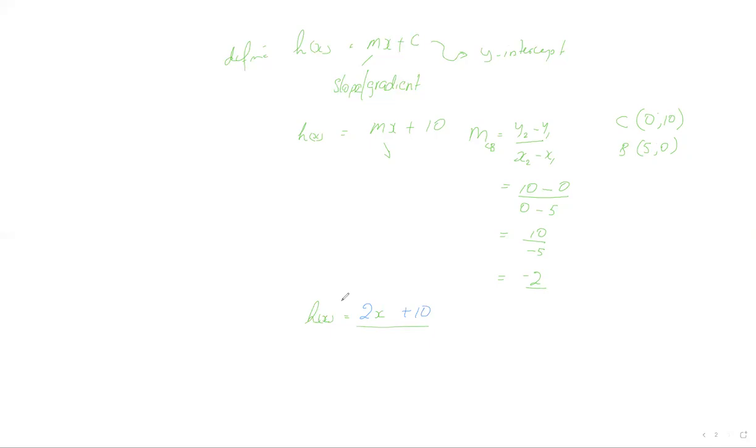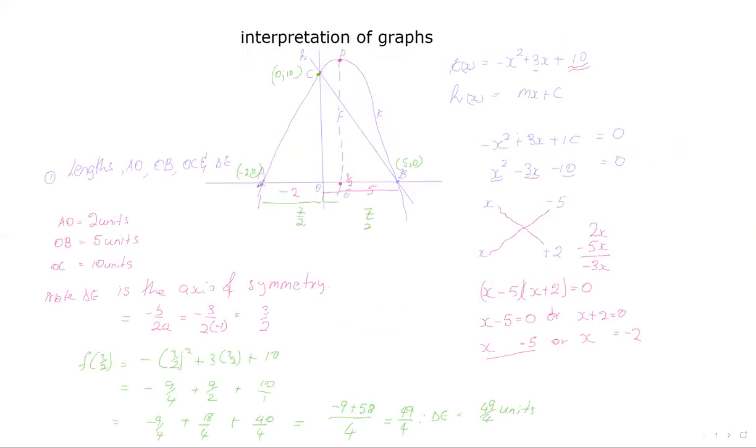The next question will be the x values for which k of x is less than 0. Let's look at k of x. I hope you appreciate that anything greater than 5, the function here is negative. Anything less than -2 here, the function is negative.